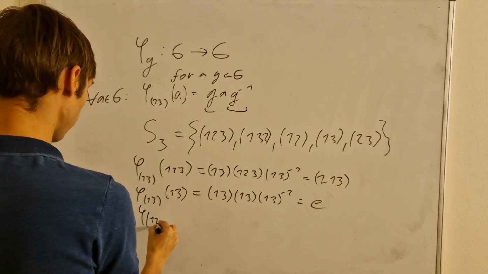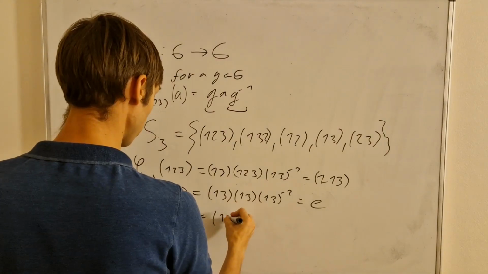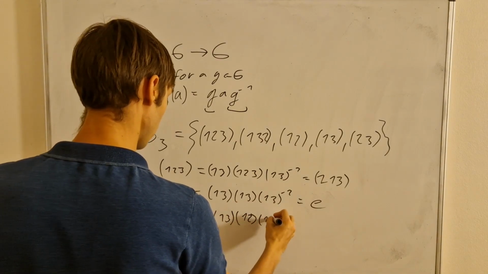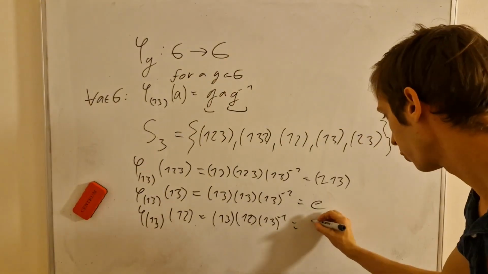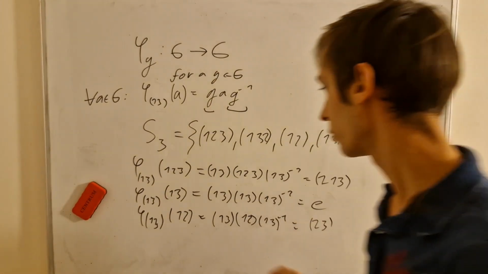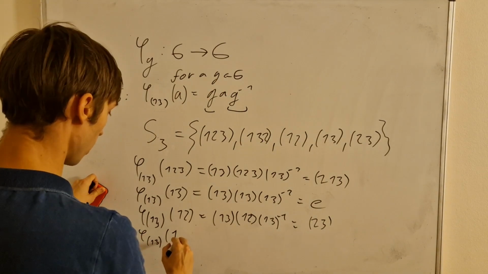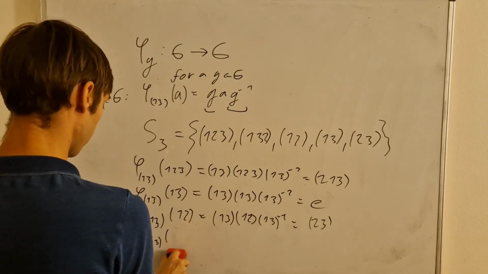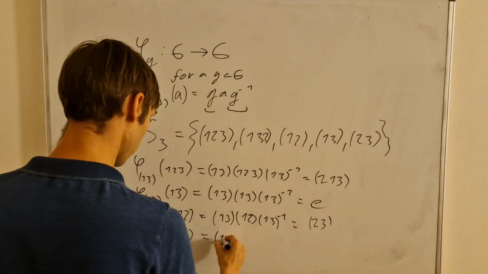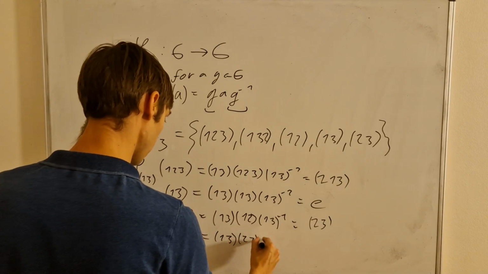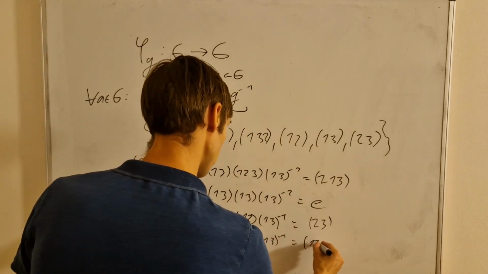We're always conjugating by (1 3). (1 2) will again be conjugated by (1 3), so the result of this will be (2 3). Then for (2 3), that is (1 3)(2 3)(1 3) inverse, that's going to be (1 2).